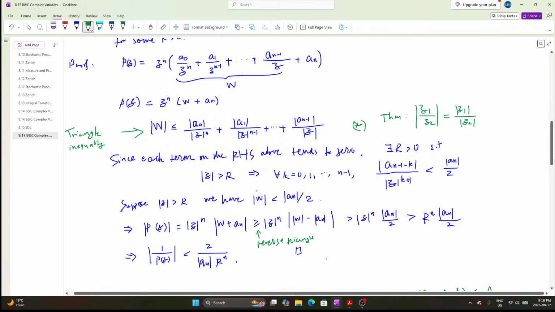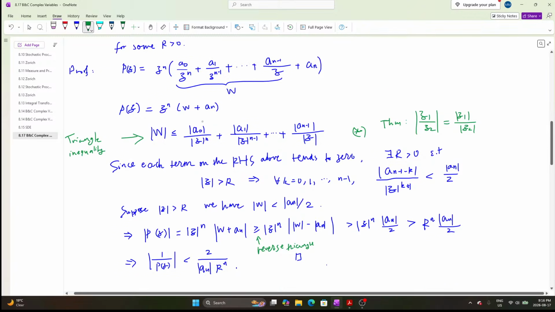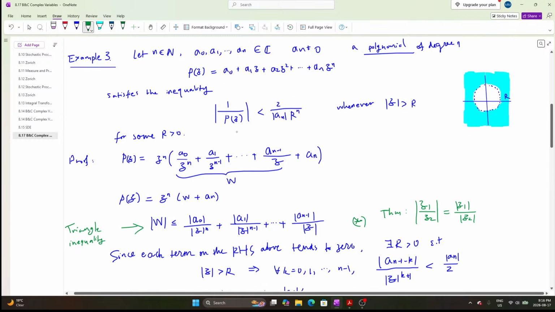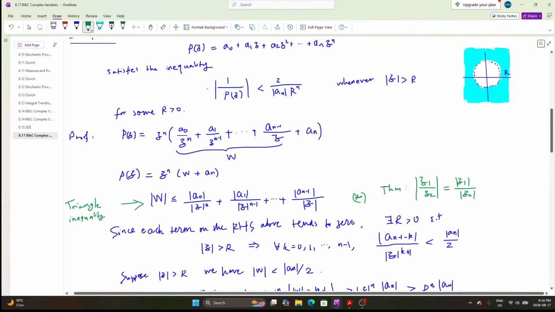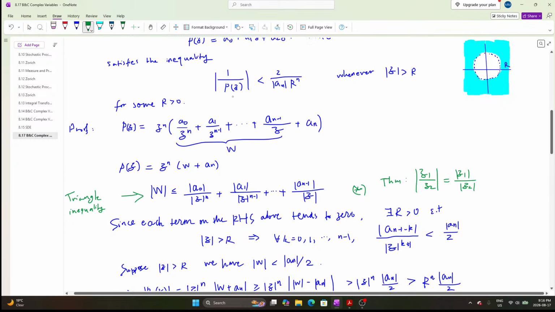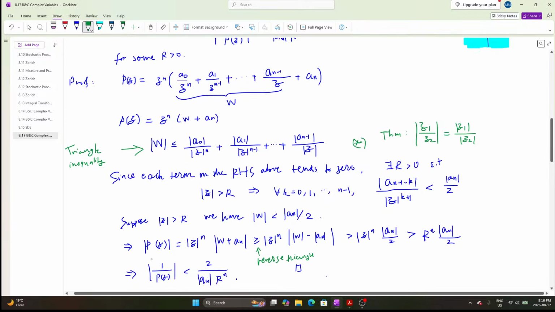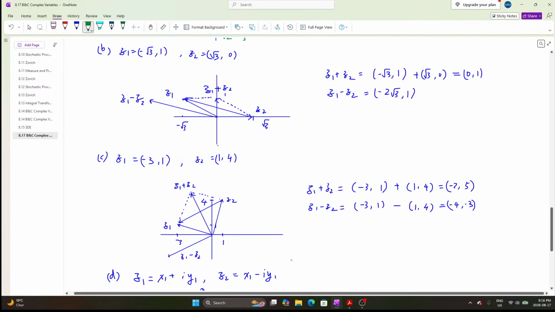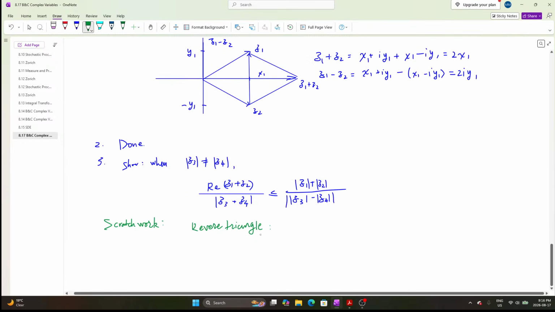We also used that when we estimated the denominator in example 3, 1 over P(z), where P(z) is a polynomial. We estimated this reciprocal of a polynomial by giving a lower bound for the denominator, using the triangle inequality. So the reverse triangle inequality, as I said, is often used to give a lower bound for the denominator.